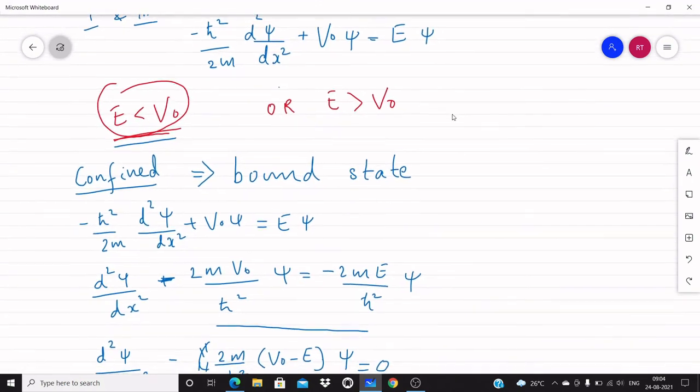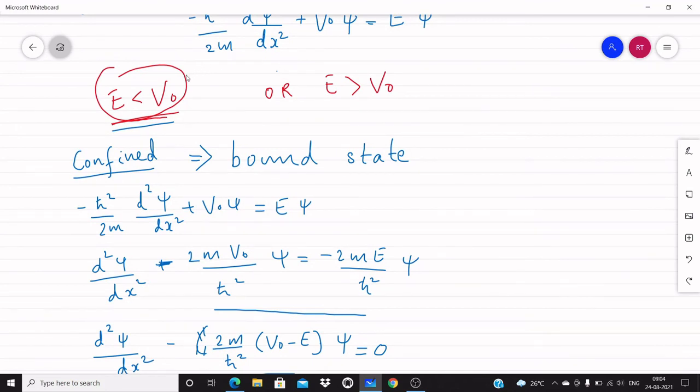Now you have to think whether the particle has sufficient energy. First of all, we consider the case where E is less than V0. There is also a possibility of energy of the particle greater than the barrier V0. If energy is less than V0, it is considered a bound state, where the particle is confined within that potential barrier.